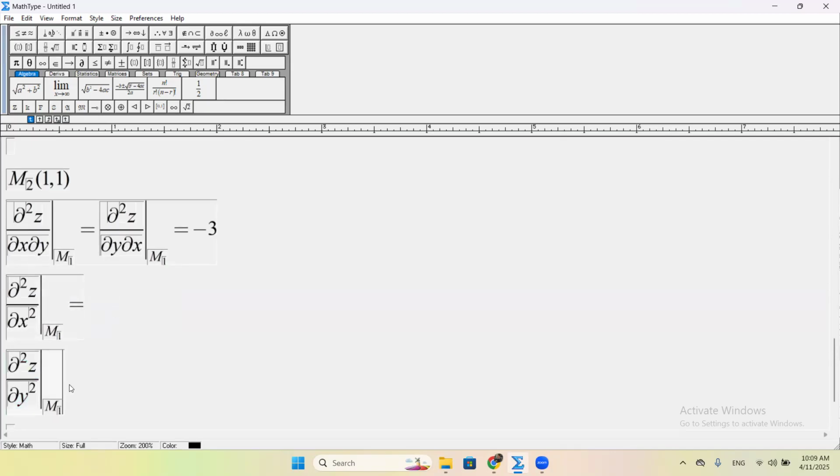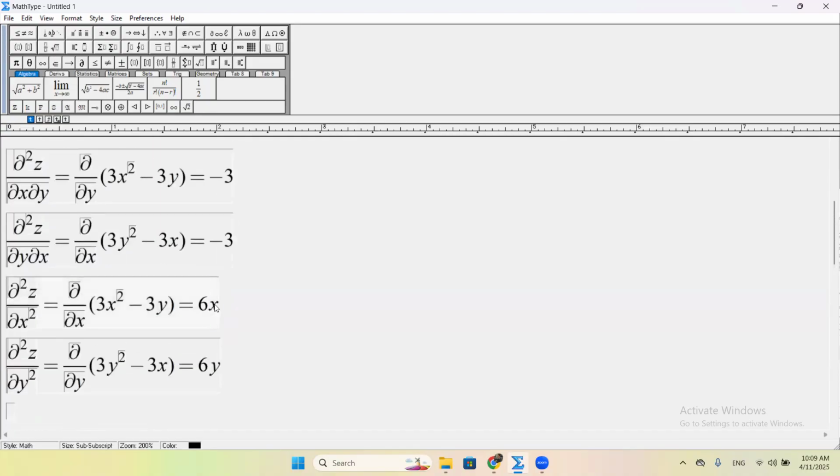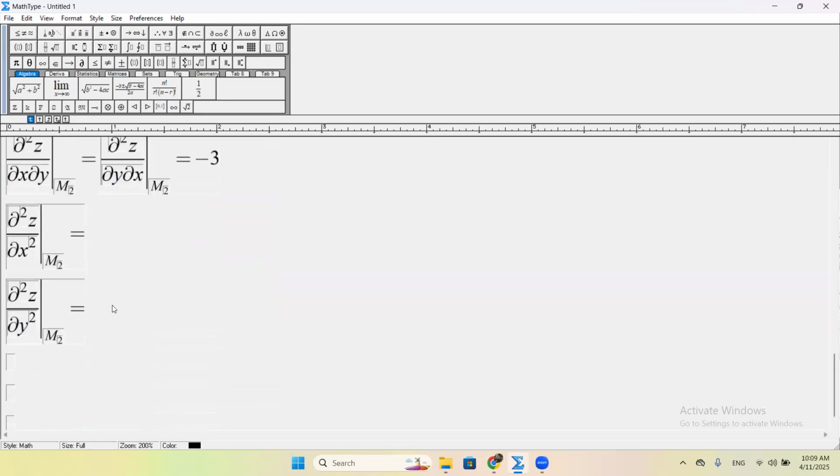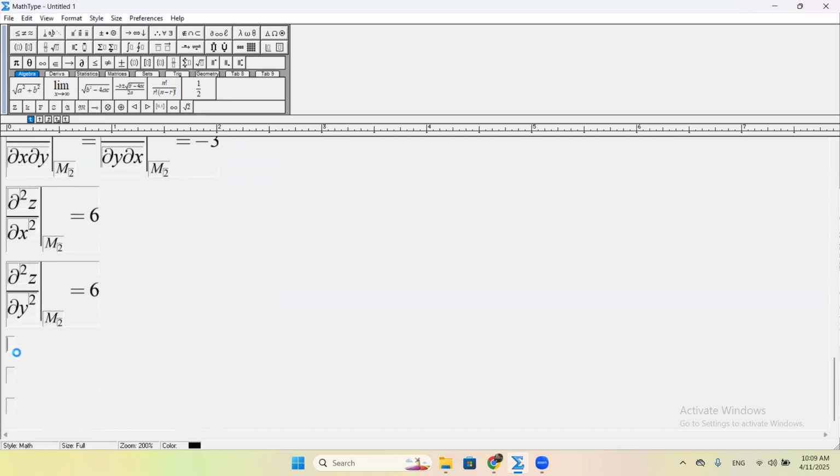By the way, M2, let's change indices here, but we won't lose them. Second clear derivatives, both of them will be equal to 6. So 6 and 6. And we will have the following matrix. So 6, minus 3 and minus 3, 6.